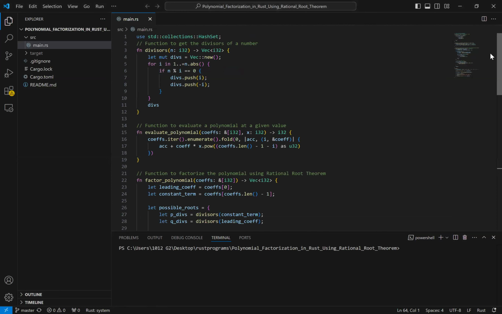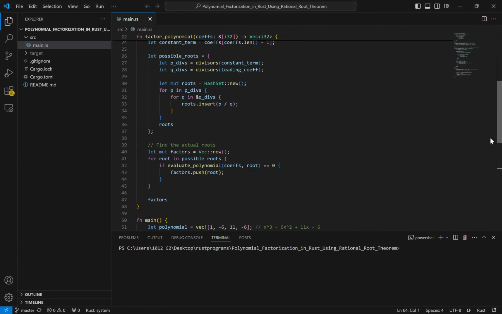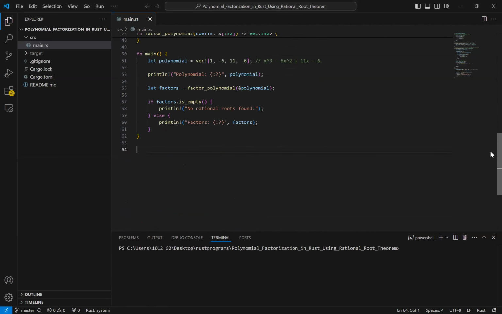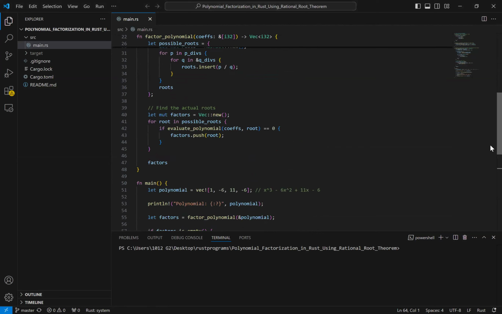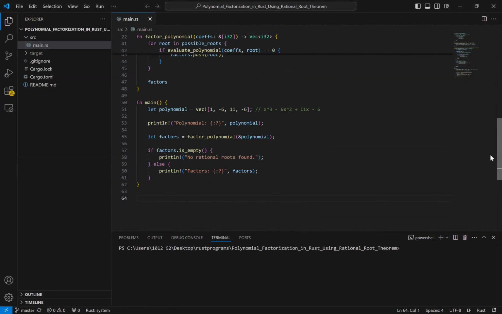Okay, so this is the program. That's the same program I've been showing. You look at it later. Of course, it will be in my notes, so you can try and write it in your Rust programs, then try to implement it. This is my main, and this is the polynomial I want to factorize, so I've just entered it here.